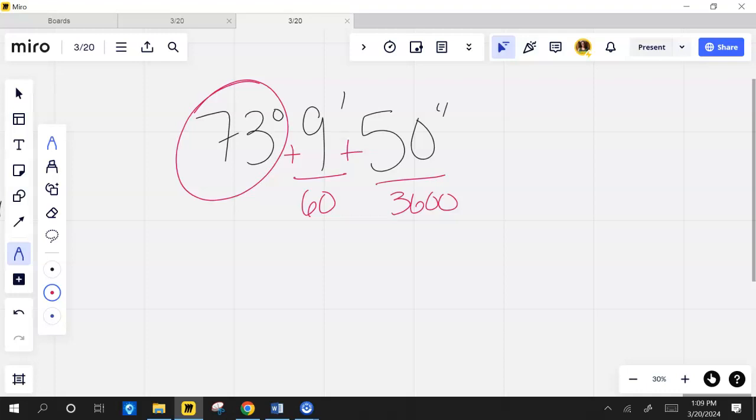It will be ugly. Keep this as a decimal. I got 0.15 here. 0.013.